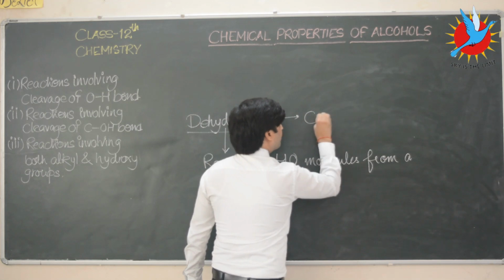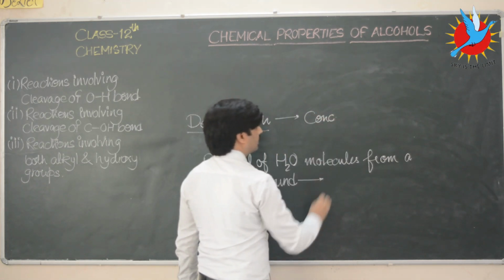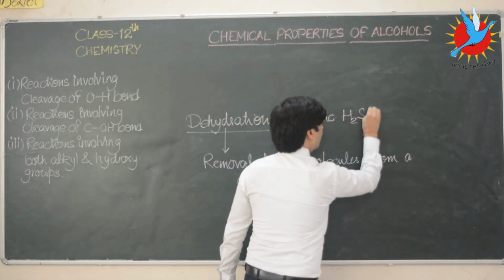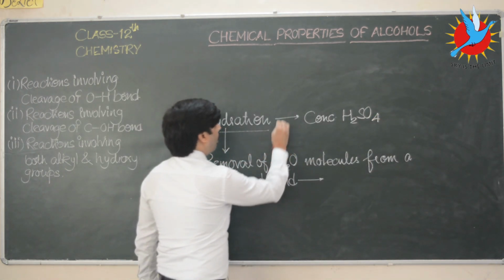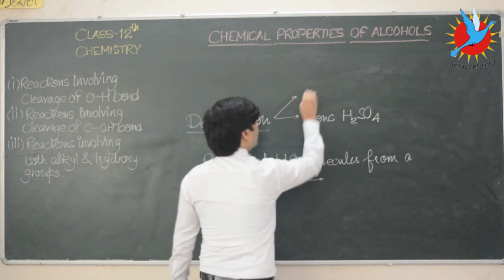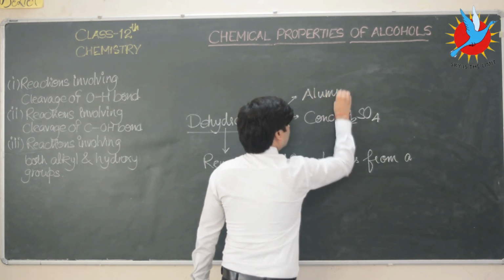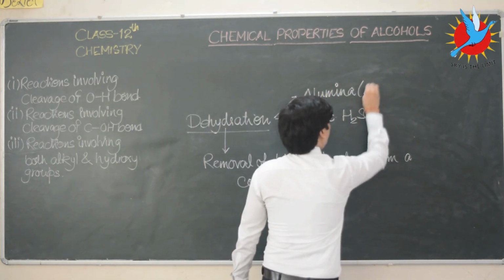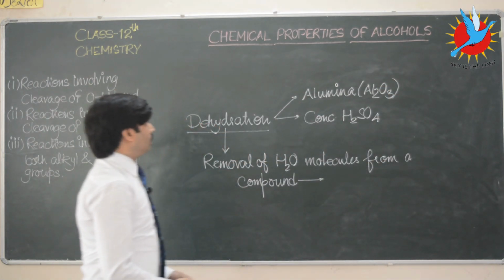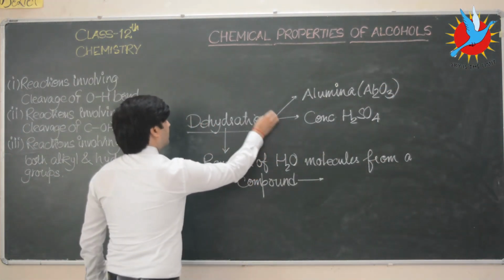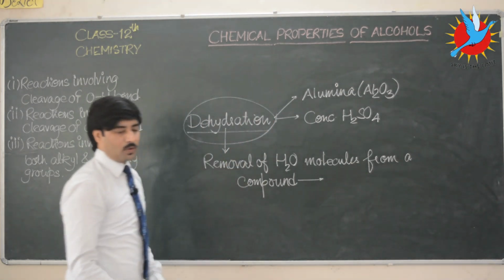We have two important dehydrating agents: concentrated H2SO4, that is concentrated sulfuric acid, or alumina, Al2O3. So we have two options while we are talking about dehydrating agents for alcohol.